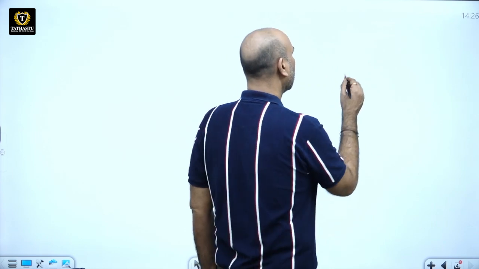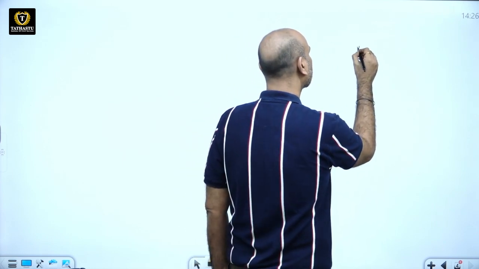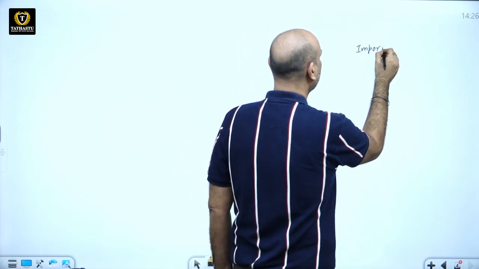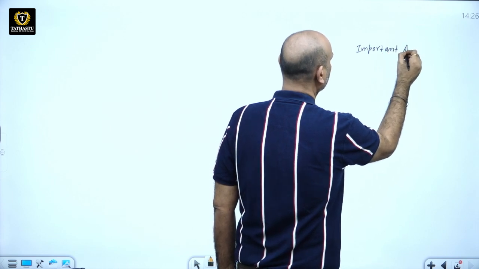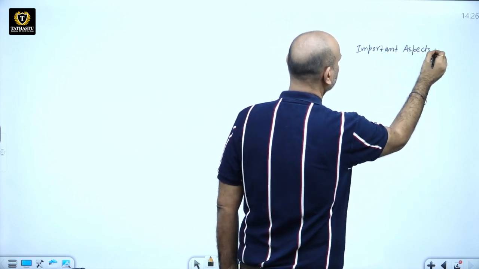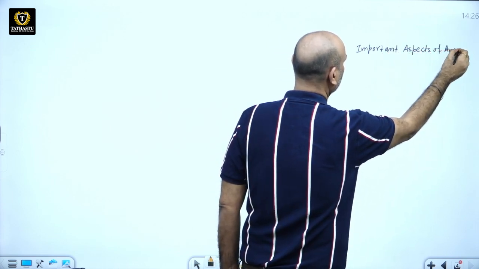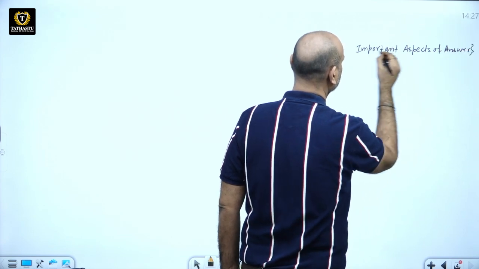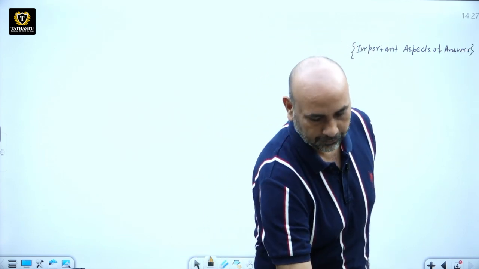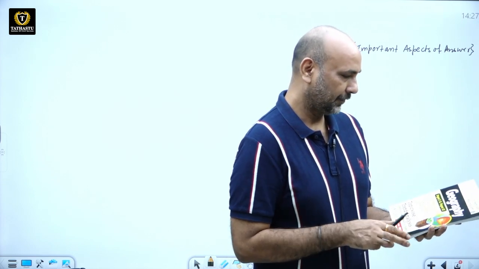Now I am going to explain important aspects of answer writing. Let us see. Everyone who is going to join this class needs to buy this PYQ geography book of paper first and paper second of 36 years.